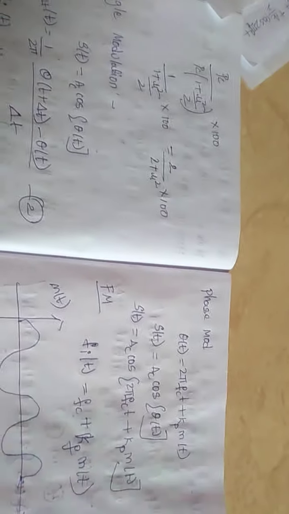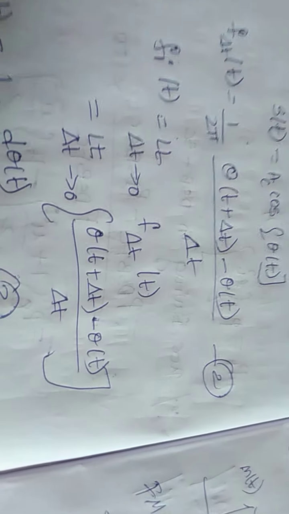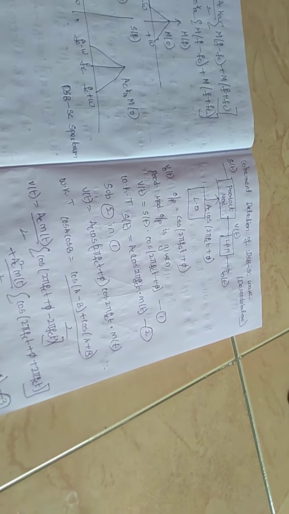These equations are very important, as are the power equations and the modulations, also DSBSC and how coherent detection of DSBSC is done. Once you have a glance, if any doubts, please let me know.